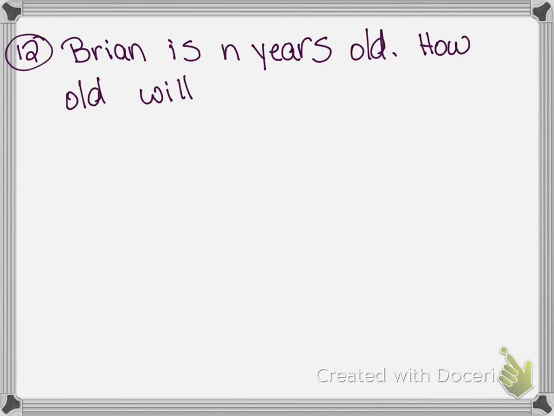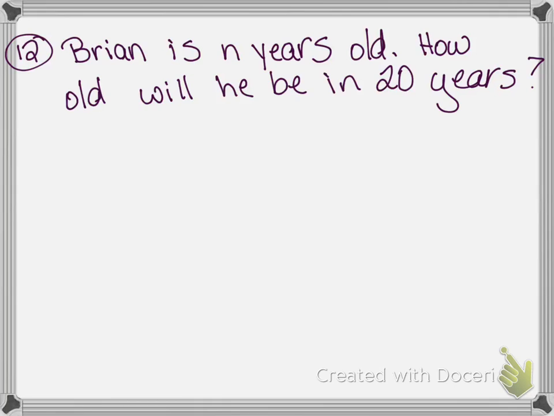Now, and again, students look at this and they're like, I'm supposed to be solving something. You're not solving anything. He is n years old today. And we're looking at how old will he be in 20 years.